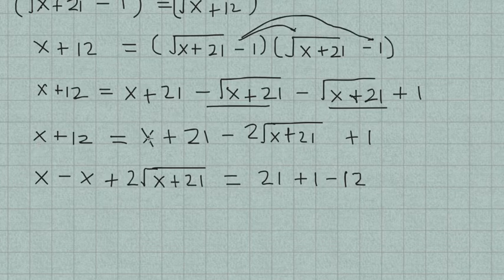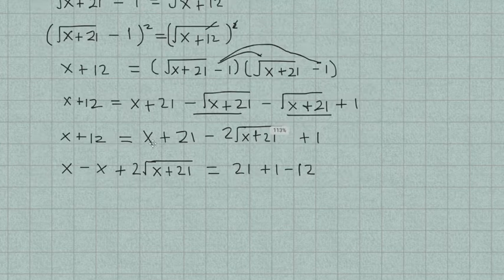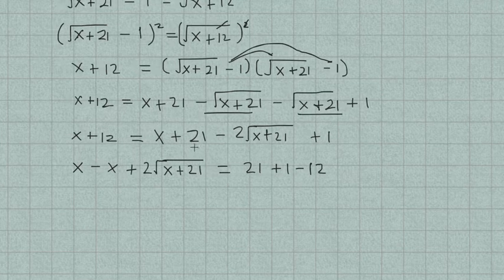If this x moves from the right hand side to the left hand side, we have minus x, right? And this minus 2 square root of x plus 21, if it moves from the right hand side to the left hand side, it should be plus. That's why we have plus here, which is equal to this 21 here, plus 1 is the one here. Then if this positive 12 moves to the right hand side, it will be minus 12, right?